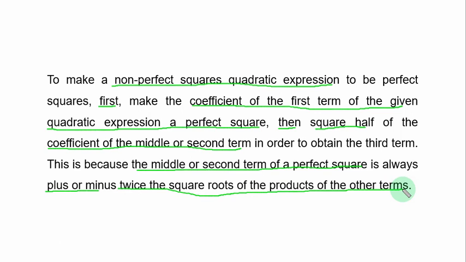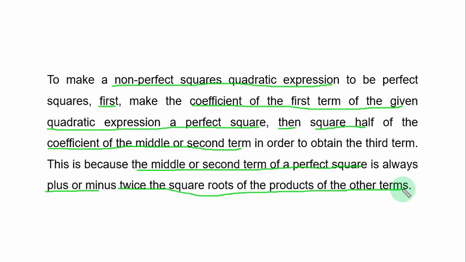So the middle or second term of a perfect square is always plus or minus twice the square root of the product of the other terms, that is the first term and the third term.